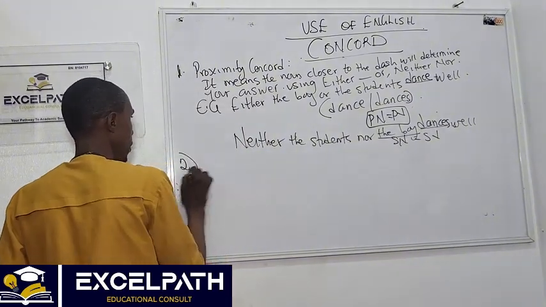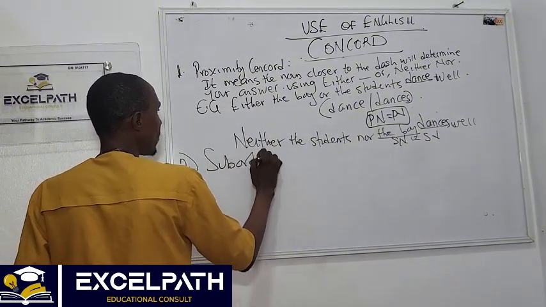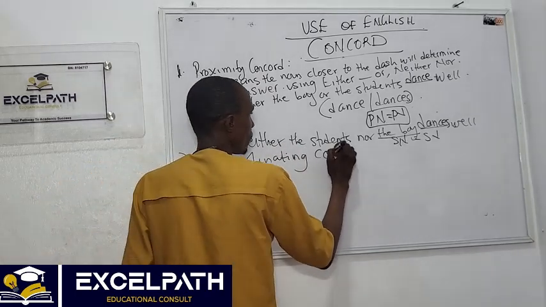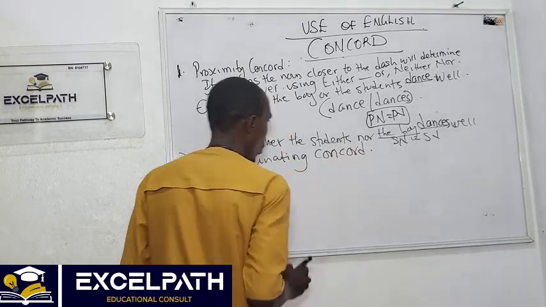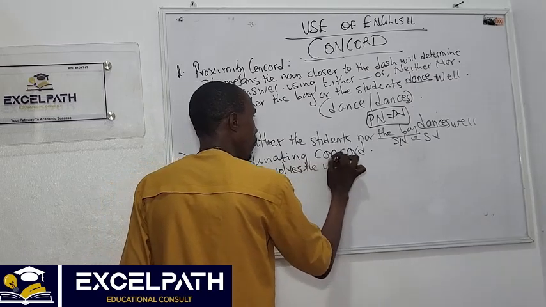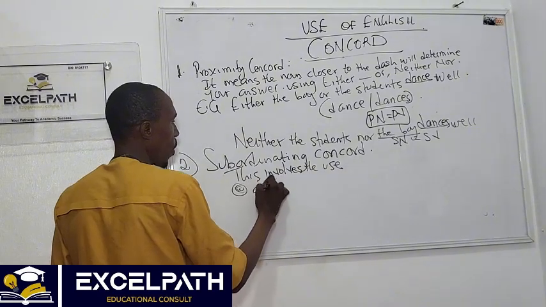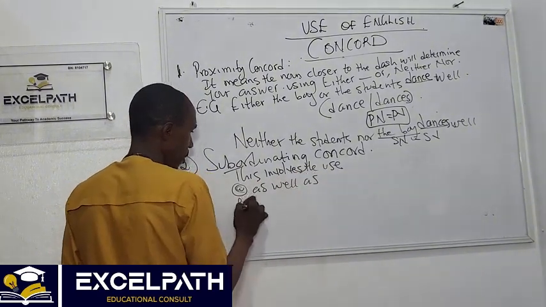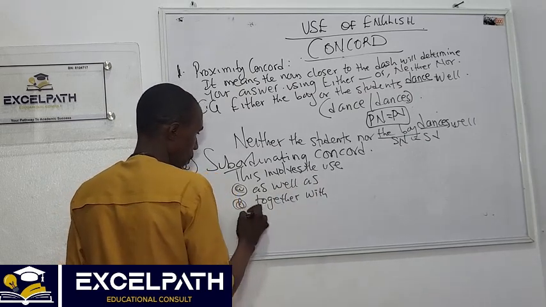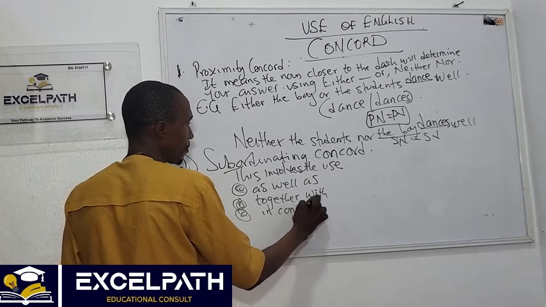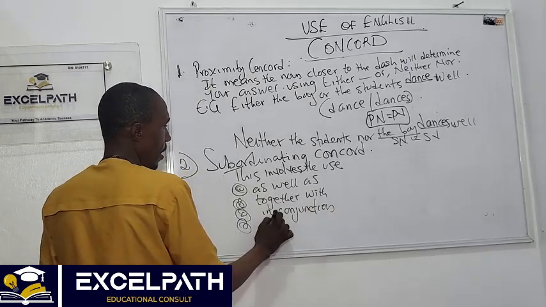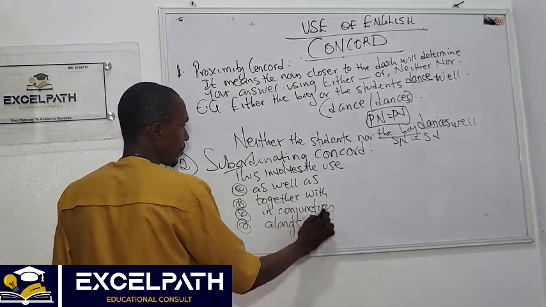Number two is subordinating concord. This involves the use of A as well as B, together with C, in conjunction with, alongside with.